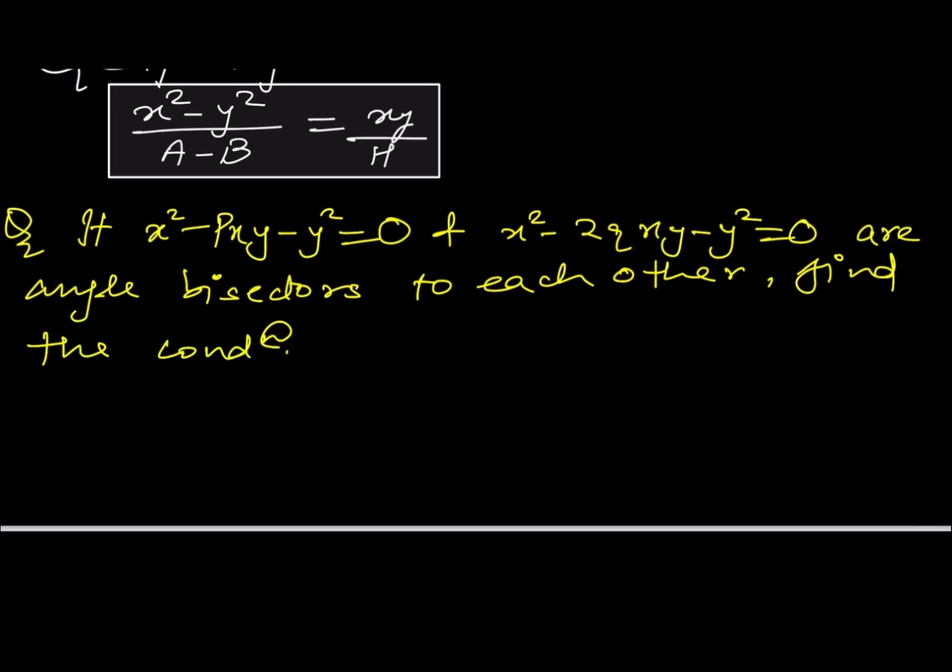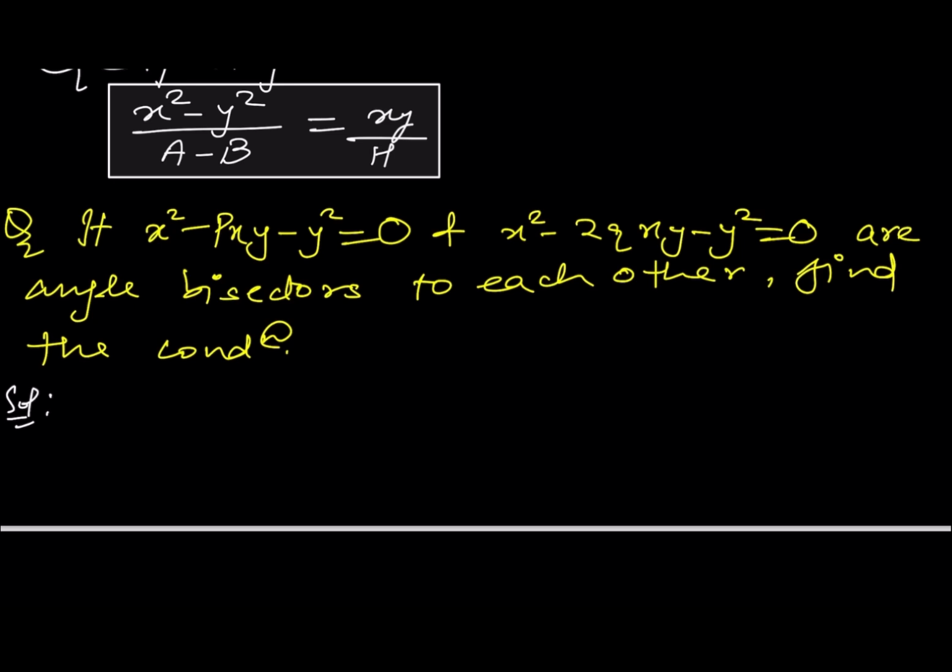Condition means we have to find the relation between coefficients, right? So in question it is given that one pair is the pair of angle bisectors to the other, right?